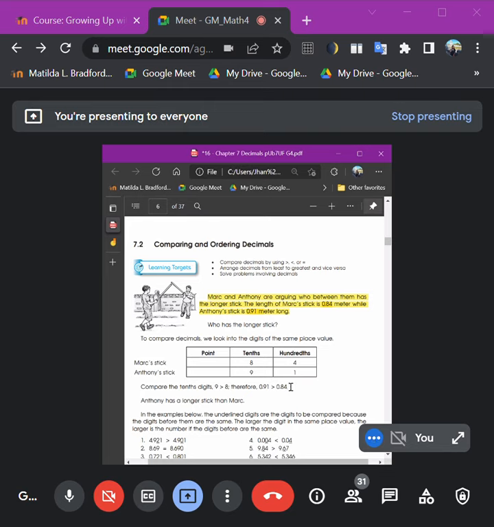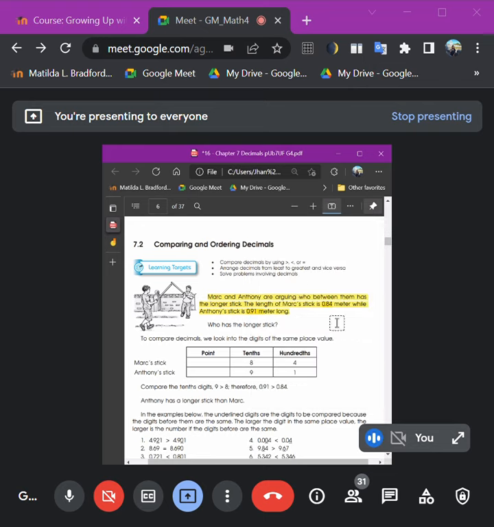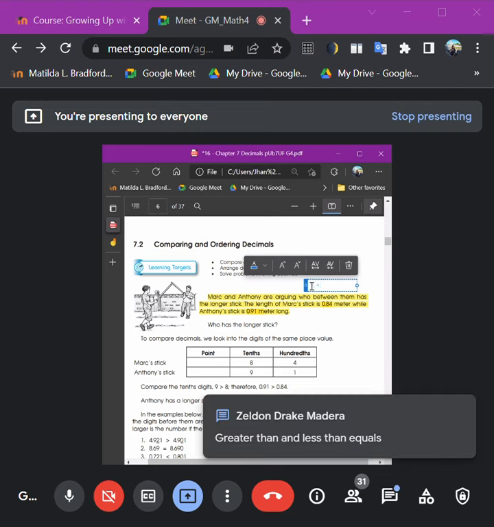And don't forget the symbols that we are going to use if we are going to compare our decimals. There are three: you have your greater than, you have as well your less than, and the last is equal, or the equal symbol.